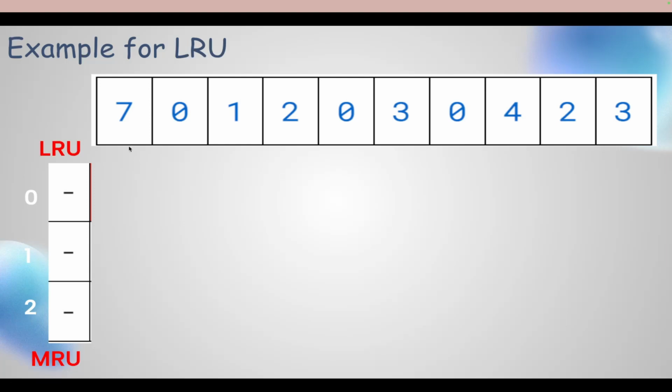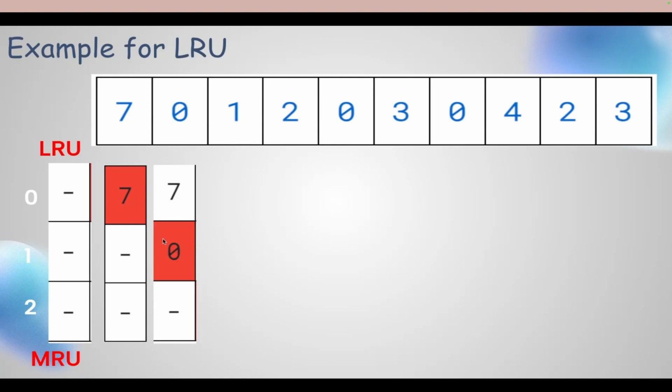So block number 7 got placed into line 0, number 0 placed into line 1, and block number 1 placed into line 2.